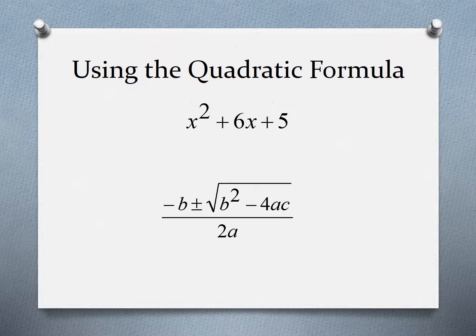Now, you'll be given a quadratic equation. For example, the equation that you see here, x raised to the second power plus 6x plus 5 is equal to 0, or x squared plus 6x plus 5 is equal to 0, and you may use the quadratic formula to solve for the value of x in this case.